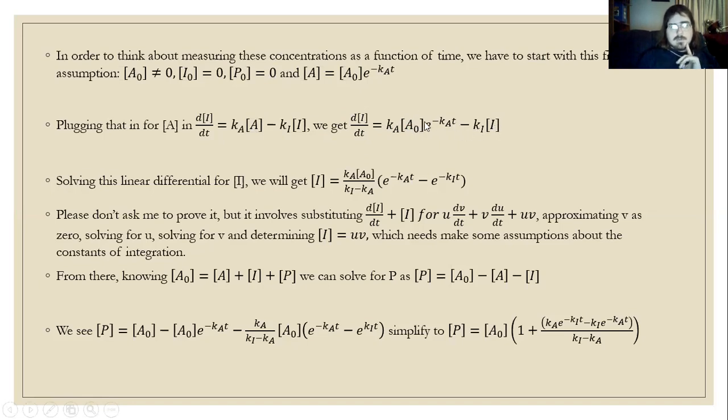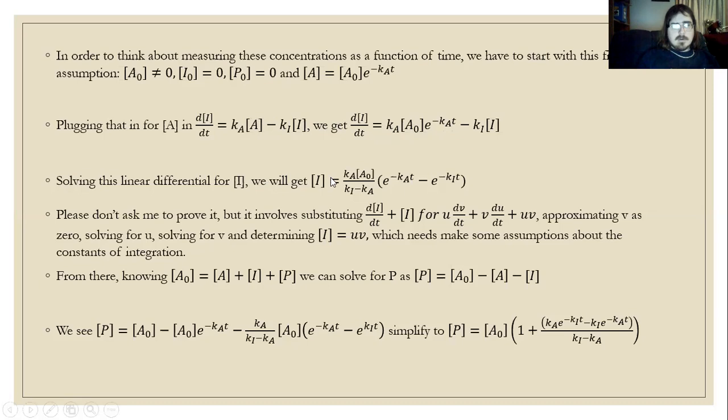All those are in terms of constants except for time. That's the advantage there: instead of A changing, we have A sub 0, and then everything is just in terms of time and only time.